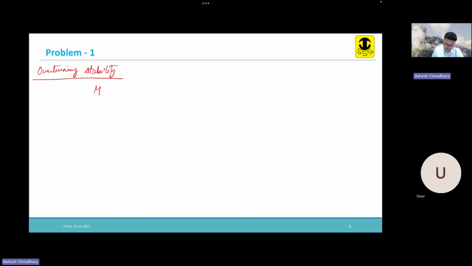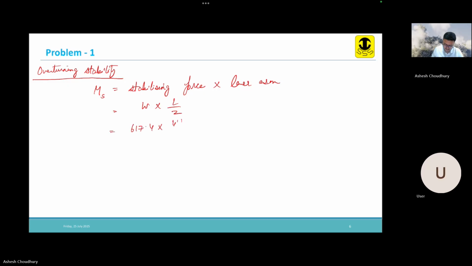The stabilizing moment, the restoring moment, is given by what? Stabilizing force times lever arm. So W times L by 2. And what is my disturbing moment?